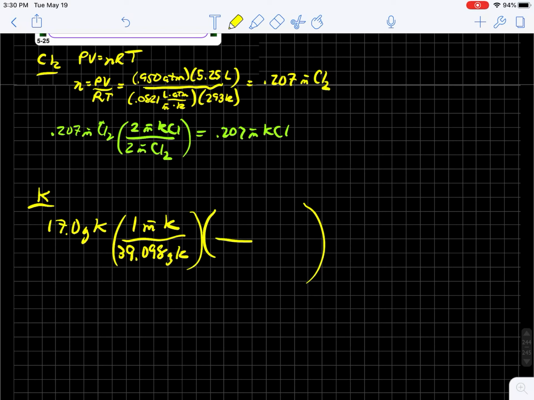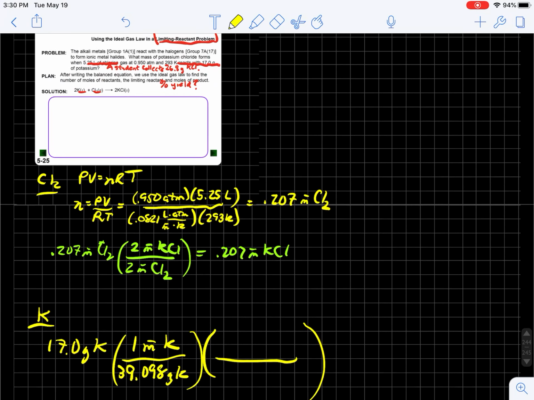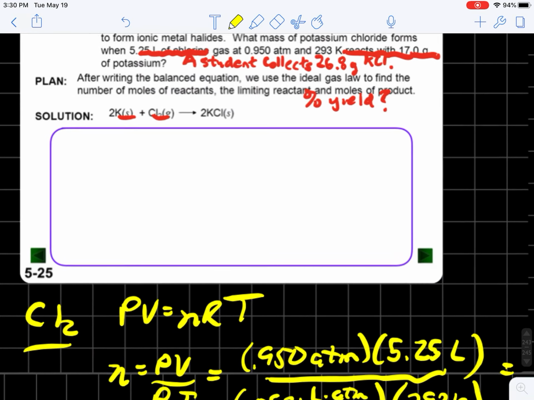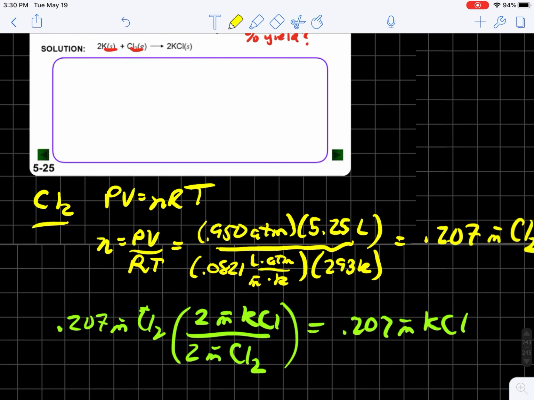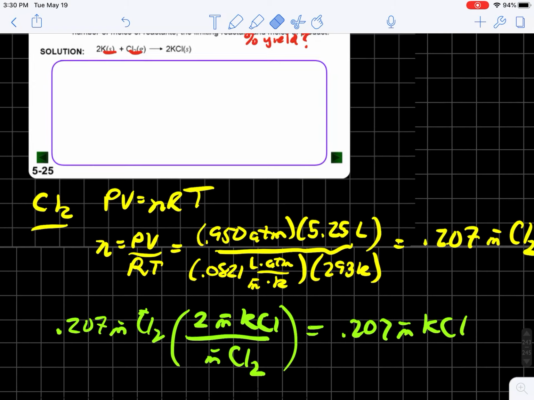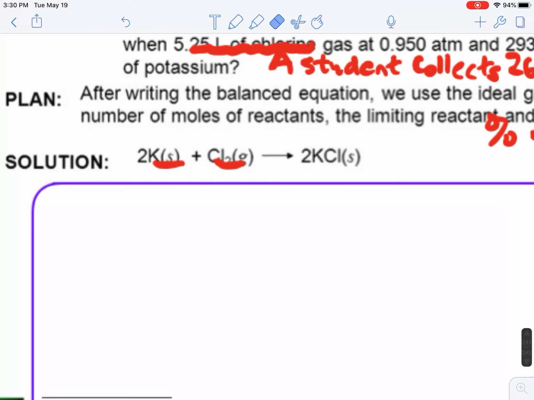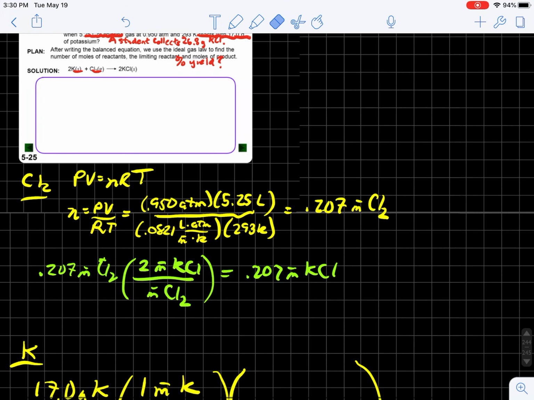And then I know, according to the balanced equation, what do we got here? Oh my goodness gracious, first of all, I just made another mistake. It is not a 2-to-2 ratio for chlorine to potassium chloride. If I looked a little carefully, it's 1 mole of chlorine for every 2 moles of potassium chloride.